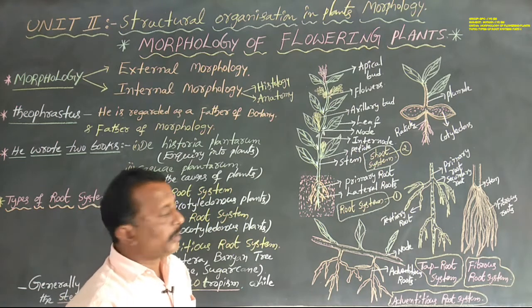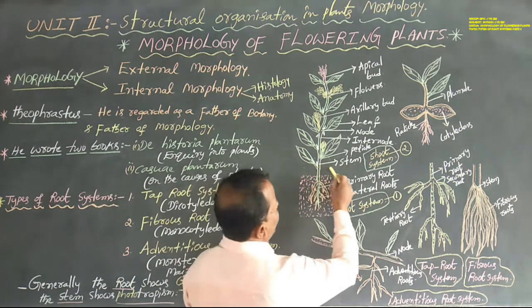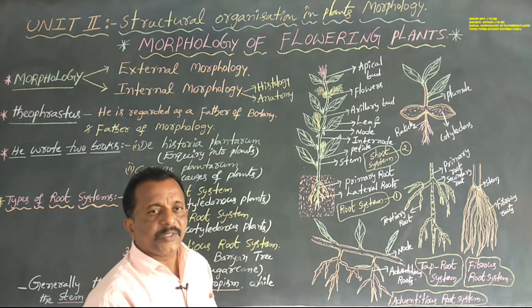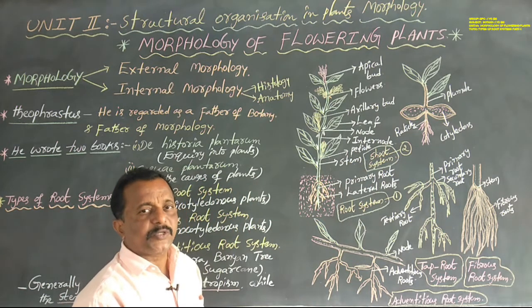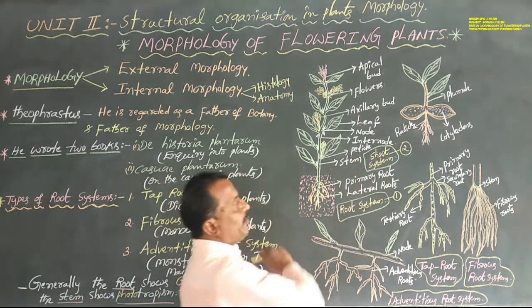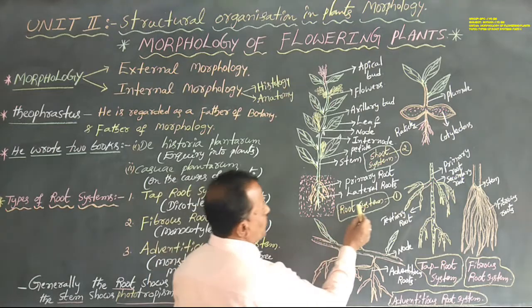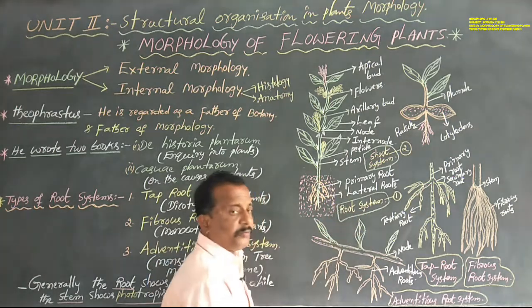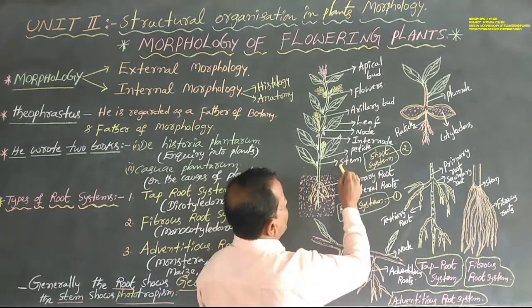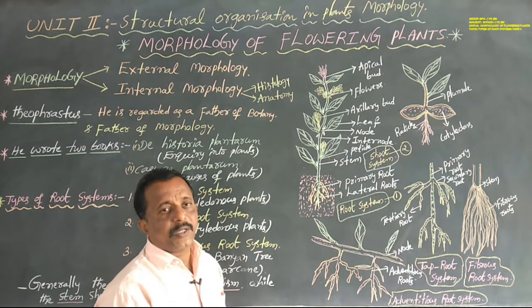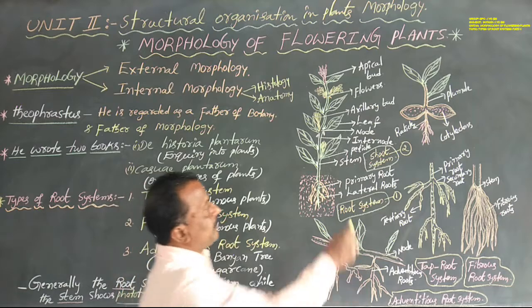The underground part is the root system, and the aerial part is the shoot system. The root system shows geotropism, and the shoot system shows phototropism. Aerial means the above-ground part.